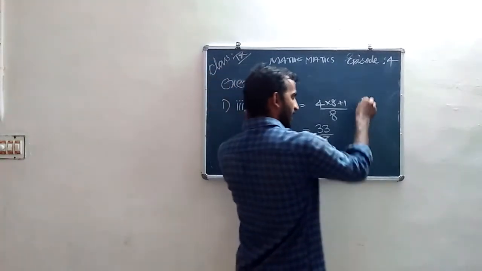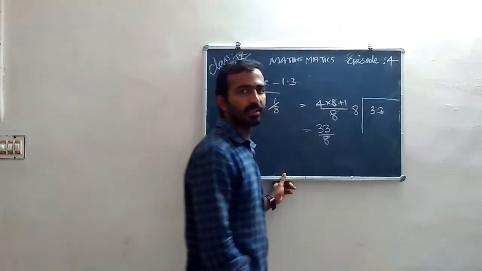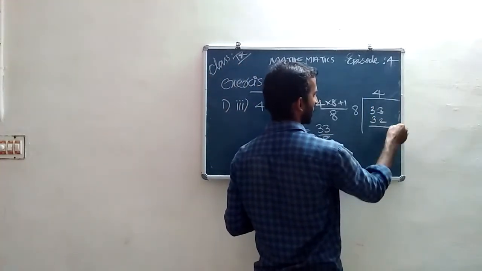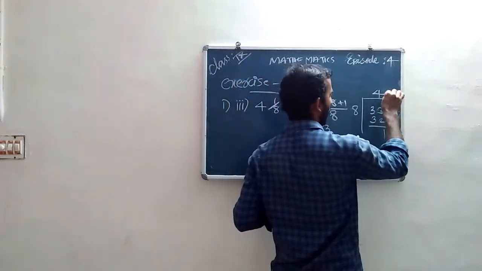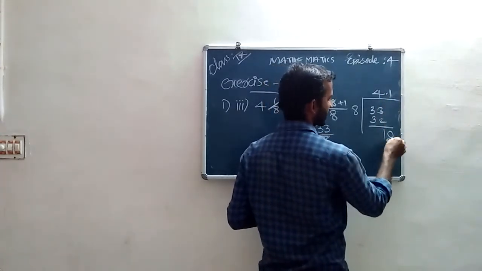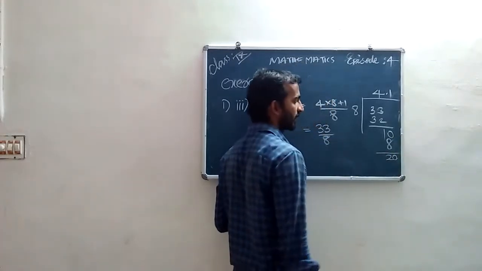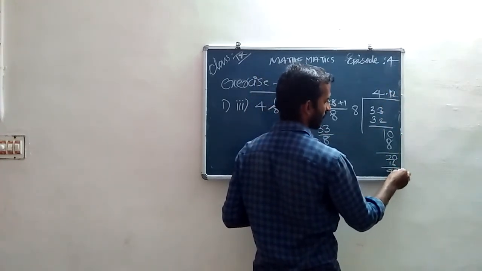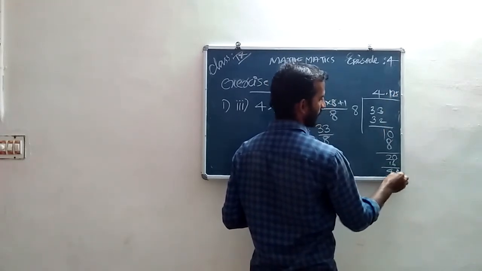We can start dividing 33 by 8. First 4, we get 32, remainder is 1. So we put a point, we get 0, that is 1, we get 8, 2, 0, that is 2, that is 15, 4, 5, that is 0.